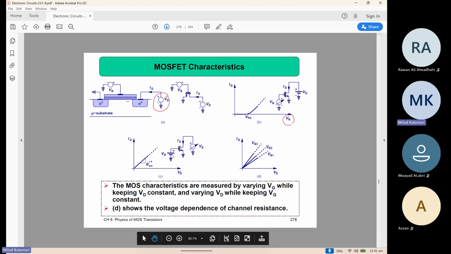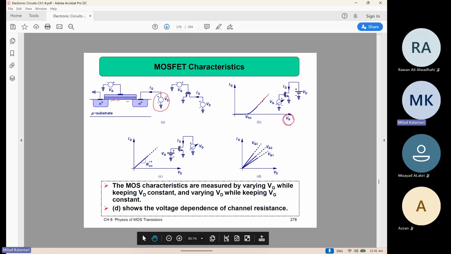So if the VG is zero, there is no channel, so there is no ID, the drain current, right? And then if we increase the VG, at a certain point this channel gets formed here, right?